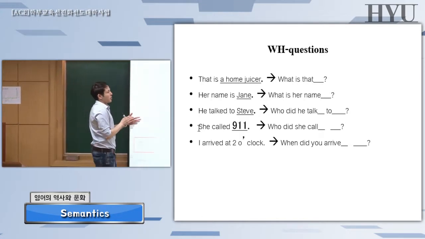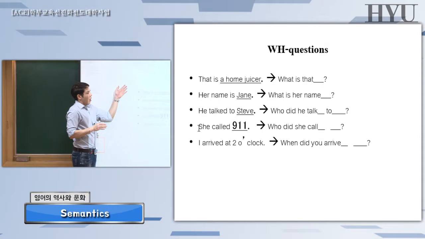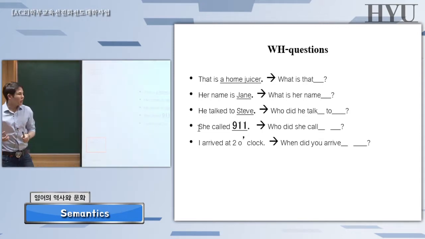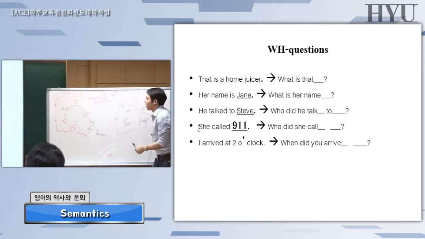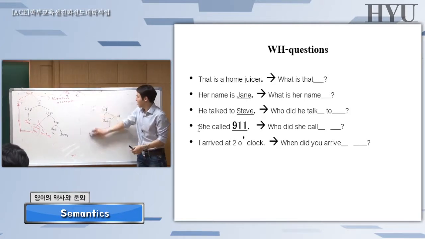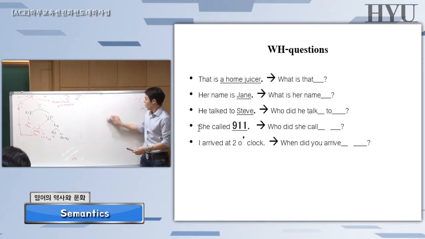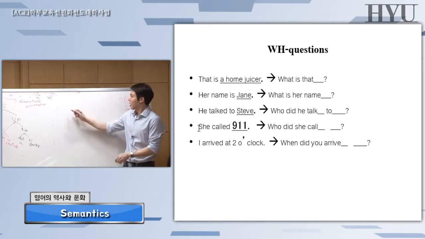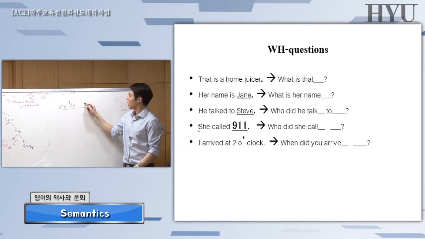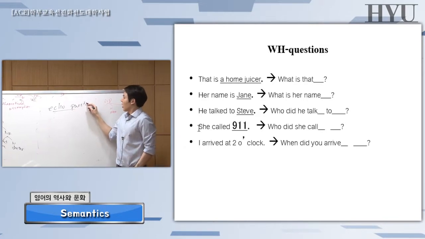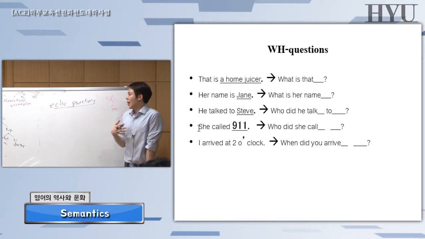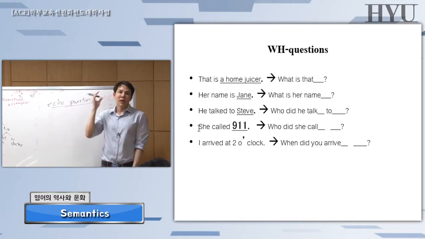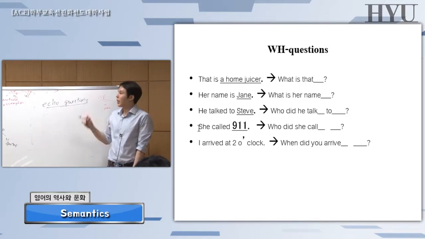Now, perhaps an easier way to see this is what I call echo questions. Echo questions are questions that people use to confirm what they didn't hear so clearly.